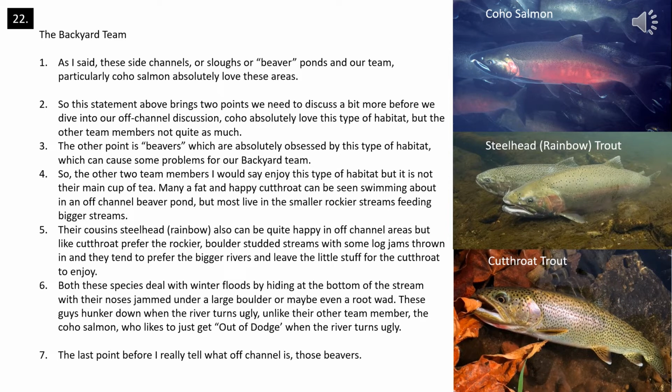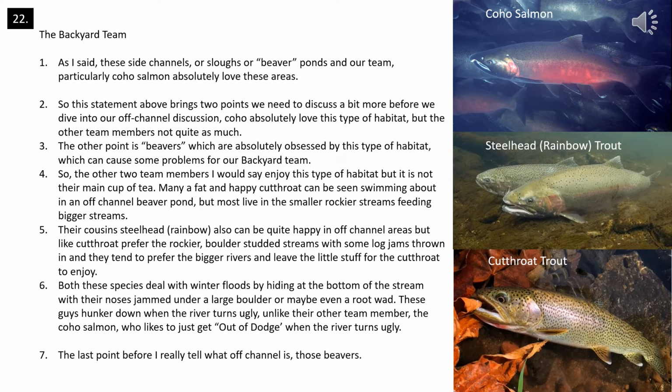So as I said, these side channels or sloughs or beaver ponds, particularly coho salmon, love these areas. So this statement above brings 2 points we need to discuss a bit more before we dive into our off-channel discussion. While coho absolutely love this habitat and need this habitat, it's called critical habitat, particularly in the winter.